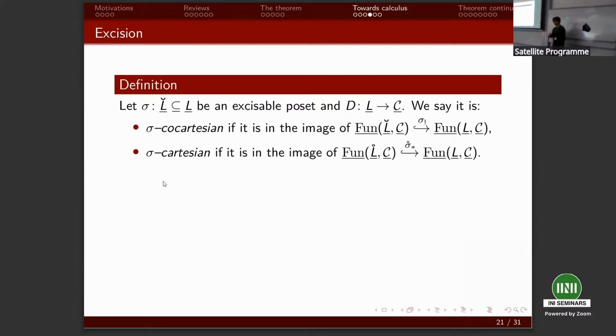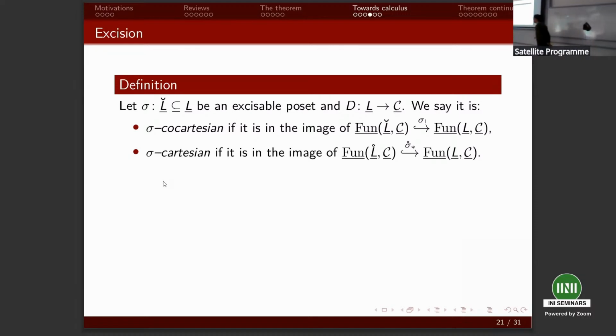Again, specializing to the ordinary calculus world, if I look at one of these phi F things, then sigma co-Cartesian is precisely being a strongly co-Cartesian cube, left Kan extended from the half-moon subcategory. And being sigma Cartesian is just saying it's a linear diagram.